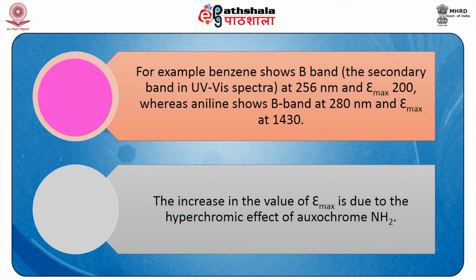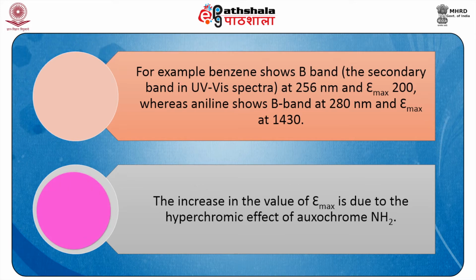For example, consider benzene, which shows the B band, which is the secondary band in UV visible spectra, at 256 nanometer, as has been mentioned earlier, with an Emax value of 200, whereas aniline shows the B band at 280 nanometer with the Emax at 1430. Thus, you can notice the increase in Emax, students, due to the hyperchromic effect of auxochrome NH2 introduced in benzene.